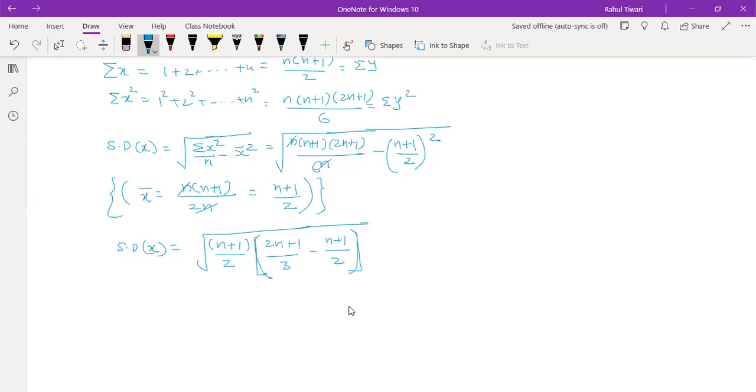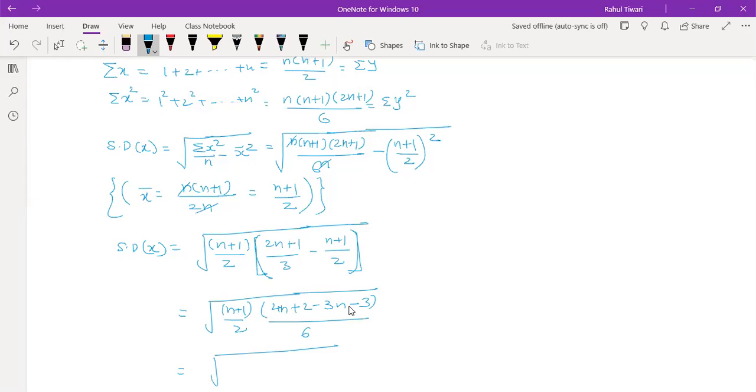So this is going to be square root of n plus 1 by 2. And if you simplify this, it is 4n plus 2 minus 3n minus 3, whole thing divided by 6. So you can just simplify this. This is n and minus 1.